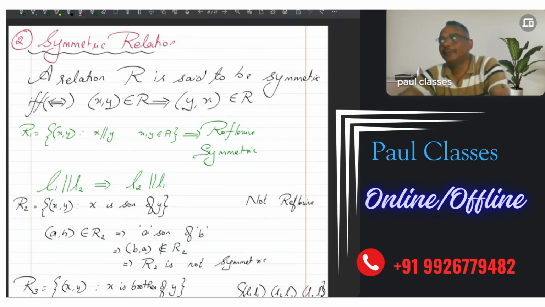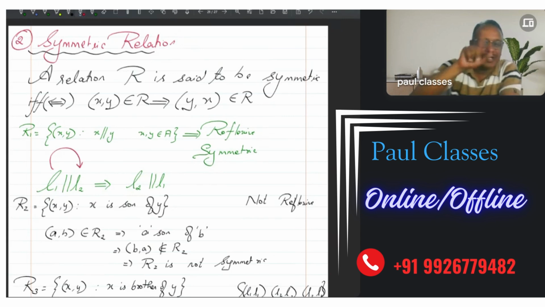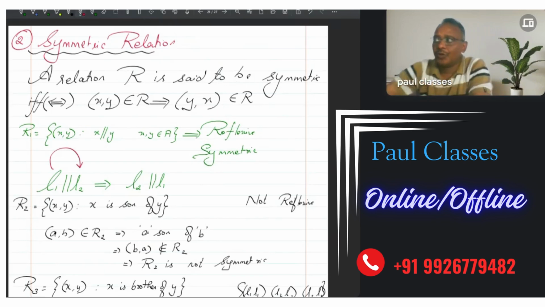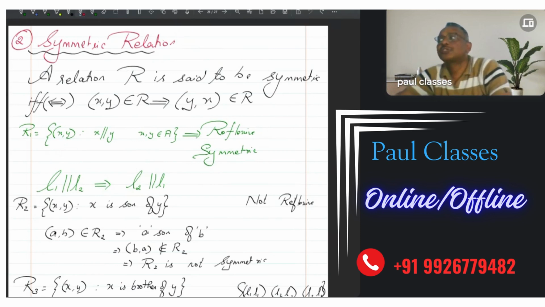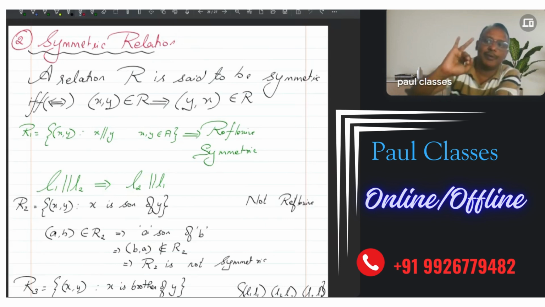Take an example, relation R1 of parallel lines, the previous example. If L1 is parallel to L2, won't L2 also be parallel to L1? The reverse relation. So that's why this relation, which we proved earlier to be reflexive, is a symmetric relation also. It is reflexive as well as symmetric.